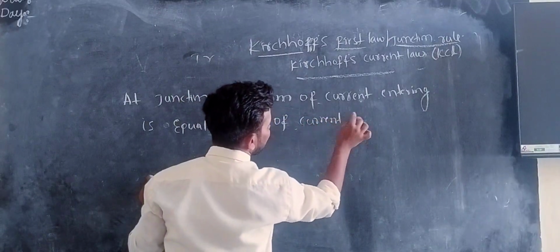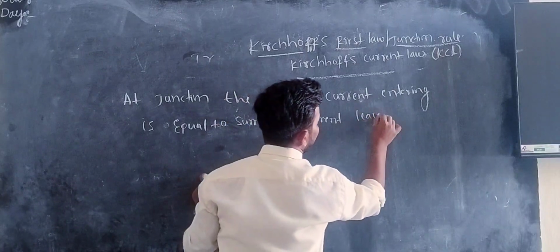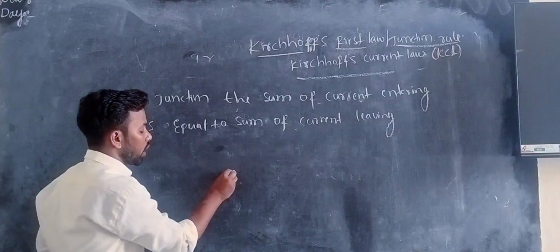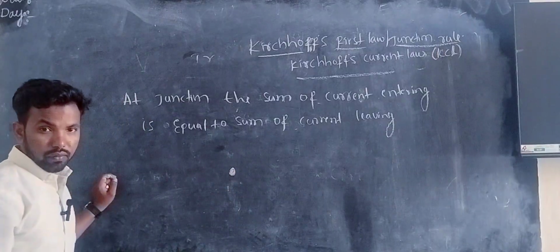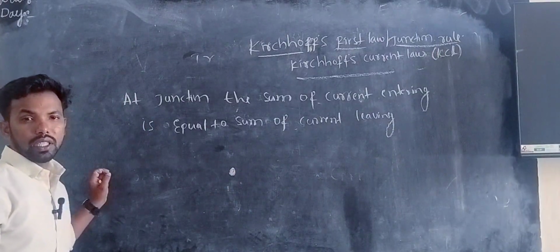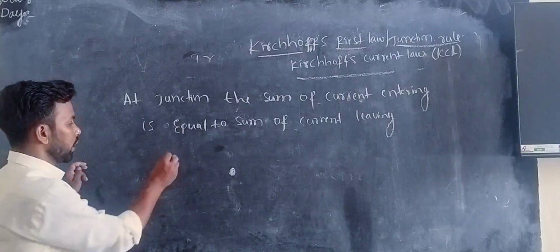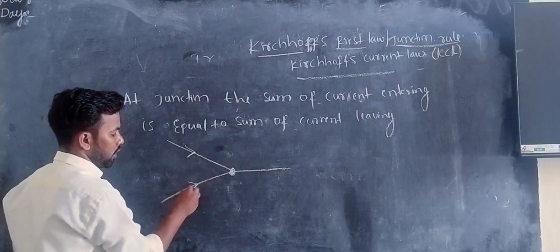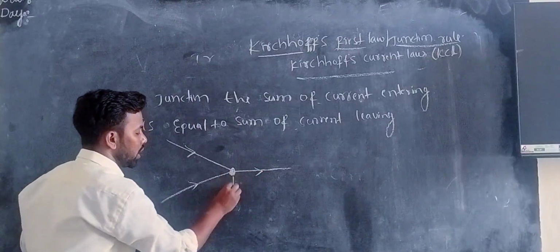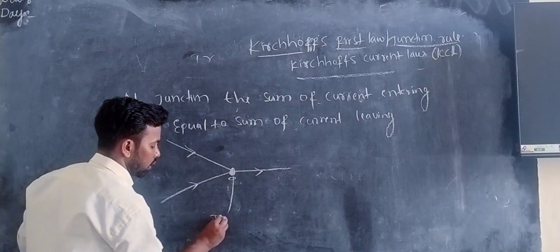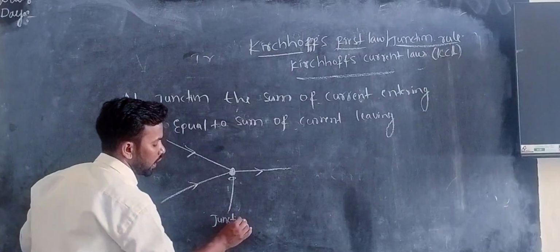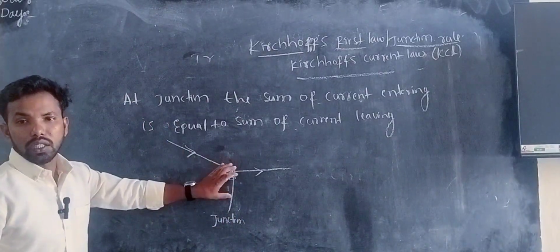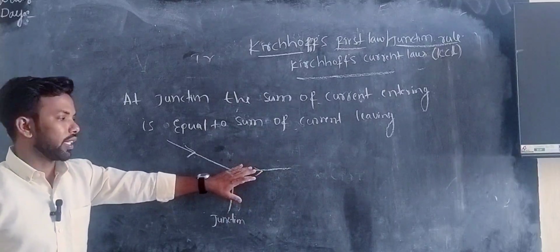What does it mean? Simple example. See, this is a junction, where three or more conductors meet. By this symbol, this is entering. At this junction, the sum of current entering is equal to the sum of current leaving.